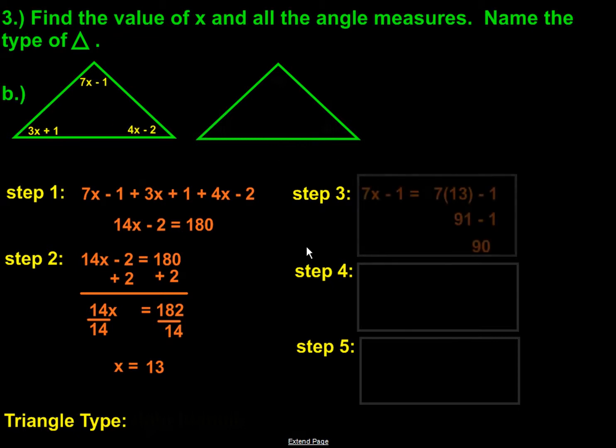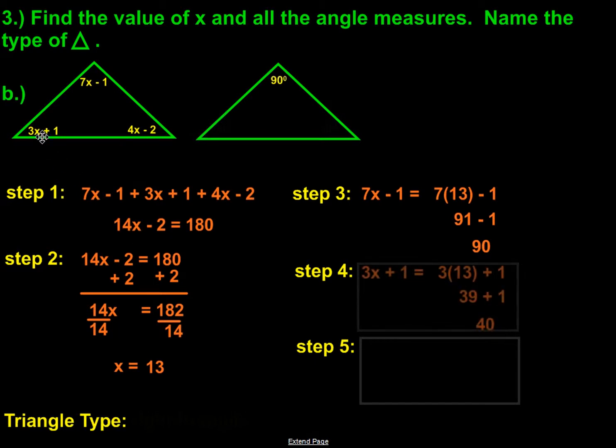And now that we know the value of x, we can plug 13 into each one of these equations. So if we start with 7x minus 1, 7 times 13 is 91, minus 1, we get 90. So the value for this angle is 90. Again, with x equaling 13, we plug it into 3x plus 1. So we get 3 times 13 plus 1, 39 plus 1, which gives us 40. So we know the value of this angle is 40.